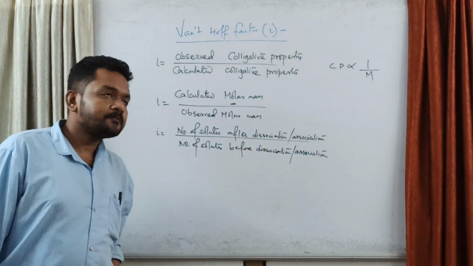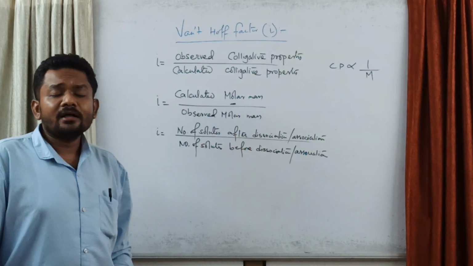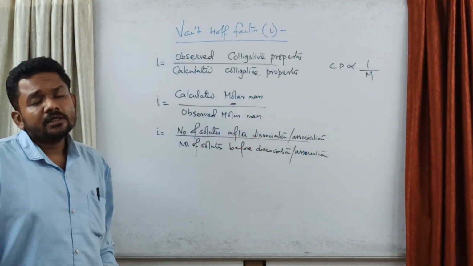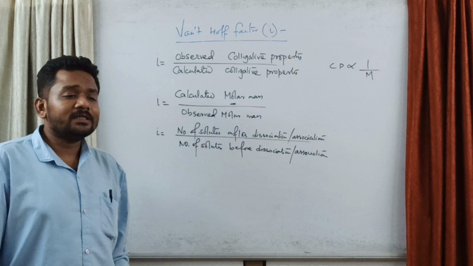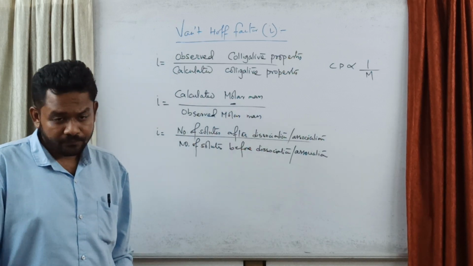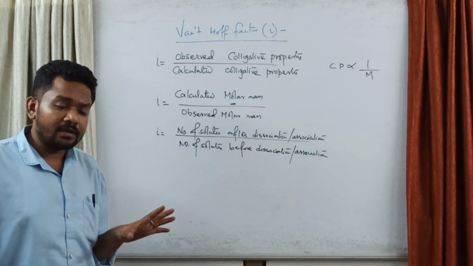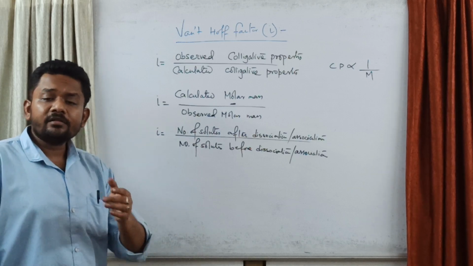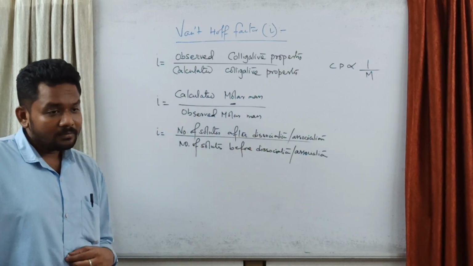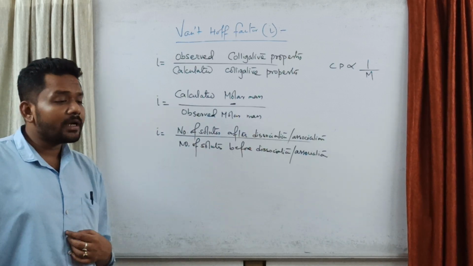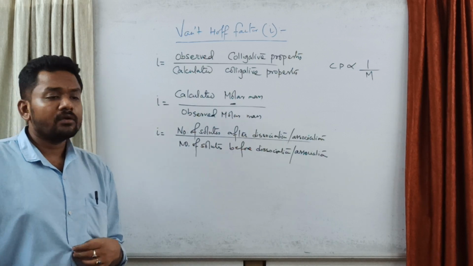ঠিক আছে? তাহলে if এটা পরীক্ষায় এসেছিল সিবিএসই তে, if i equals to 1, what is the significance of i equals to 1? i greater than 1 dissociation, less than 1 association. What is the significance of i equal to 1? That means non-electrolyte, or you can say neither association nor dissociation.